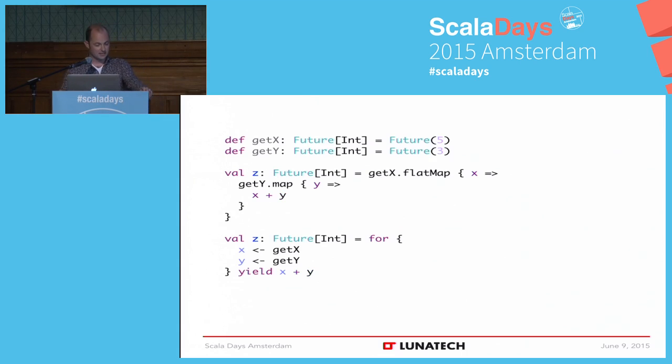So, for example, take this one, almost the same problem, except this time the numbers are not in an option, but they're in a future. We can still do it with map and flat map, but we can also use the same for-comprehension, except the result is a future of an int this time.